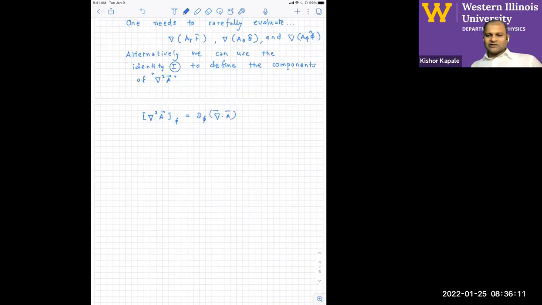Remember, the divergence of A is going to be immaterial of the coordinate system. That shouldn't change whether you evaluate it in the Cartesian coordinate system or in the cylindrical coordinate system or a 3D spherical coordinate system. That's a physically meaningful quantity. It just tells you how that vector is changing in space with the help of a scalar quantity. And so that is independent of the coordinate system. Okay, does everybody understand that?